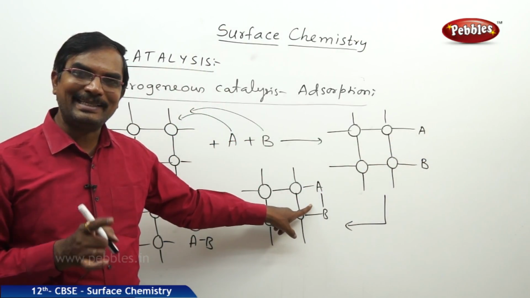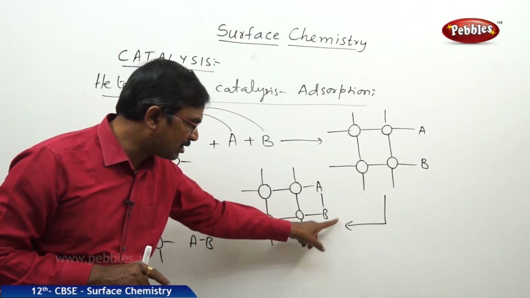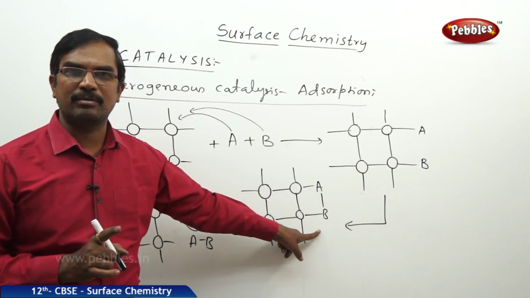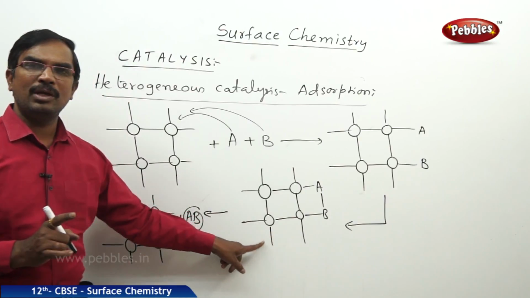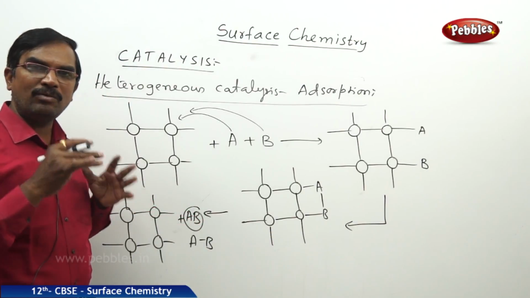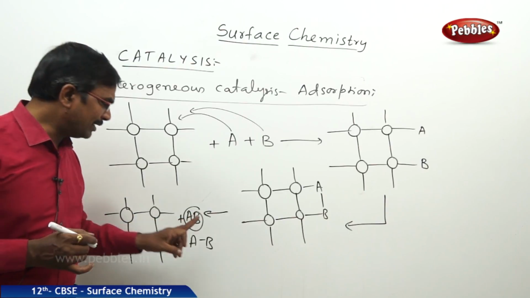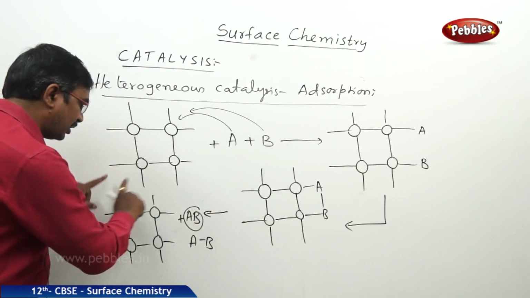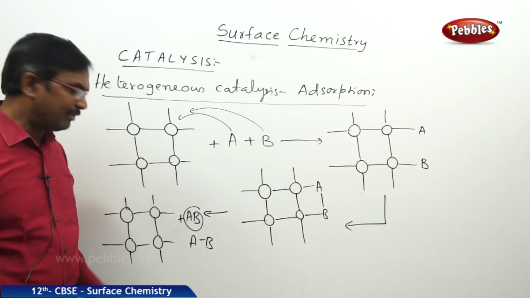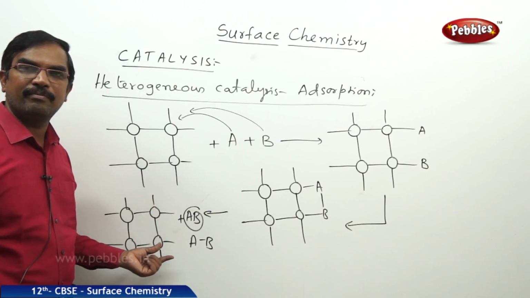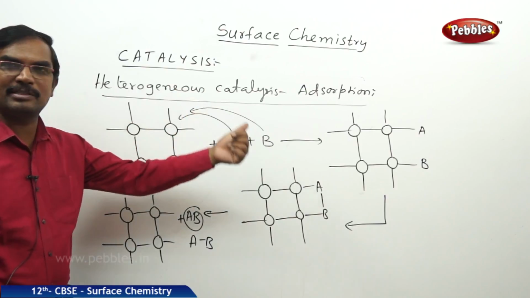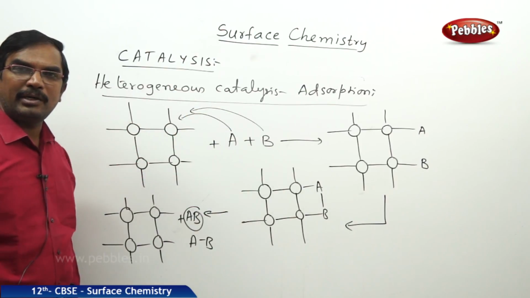Of course, this is the intermediate stage, which is neither reactant nor product. This finally converts into the actual product AB. Now this product AB will get diffused out. Once this AB is diffused out, this particular solid is ready, vacant, having vacant valencies. So that's why we can continue the same reaction with new reactant molecules.